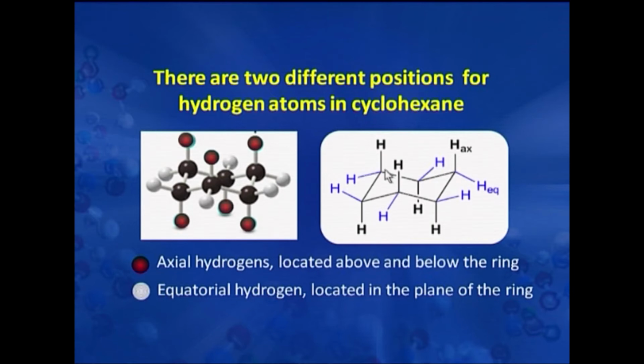So, these are the 6 hydrogens, one on each carbon, which are straight moving upward or downward. These 6 hydrogens are called axial hydrogens, which have been shown in this model by red color. And the hydrogens which are moving away from the plane of this molecule are called equatorial hydrogens, which have been shown here in white color.